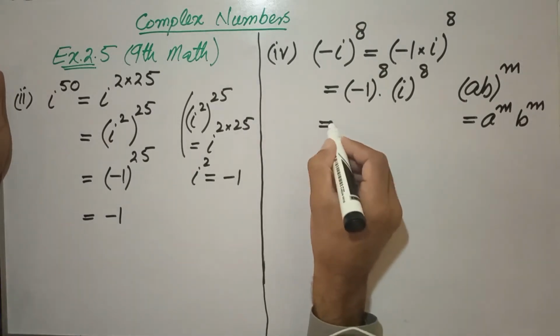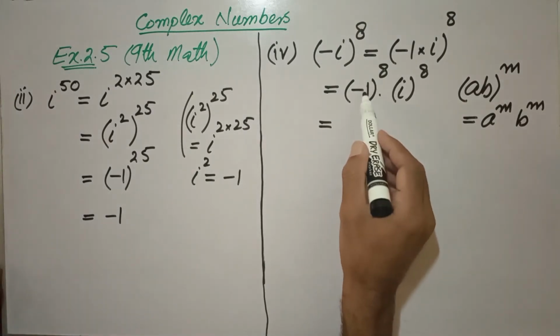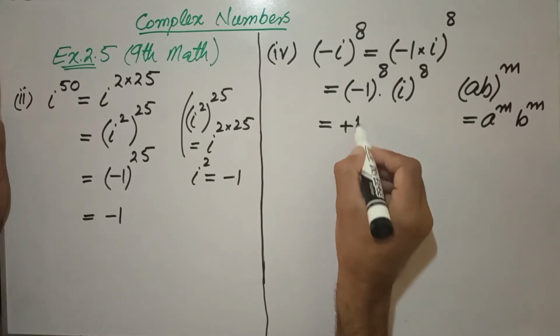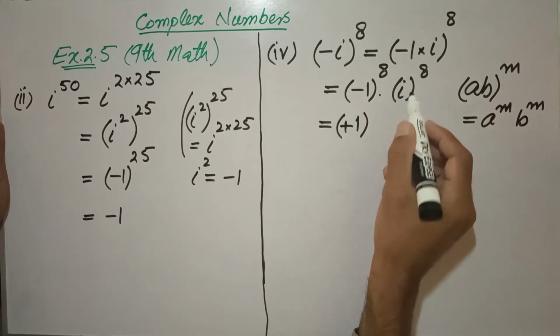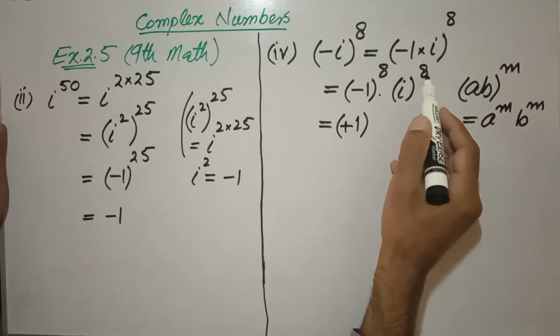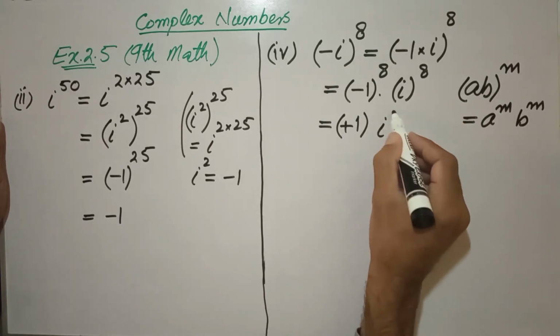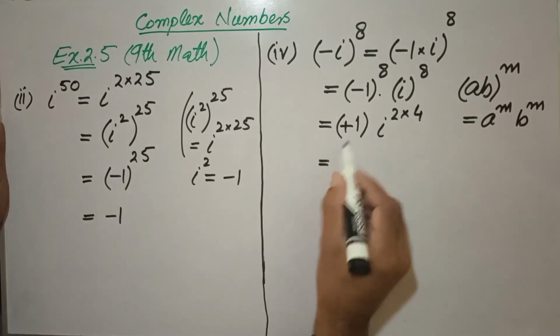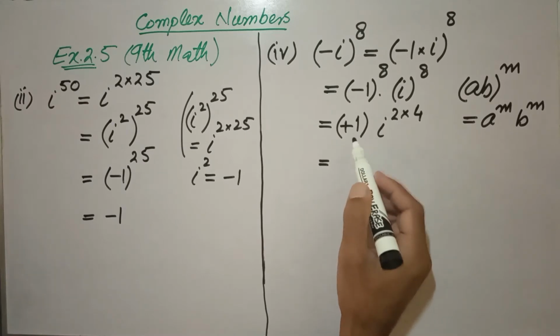From here, now the power of -1 is even. We'll have +1 from here, and iota 8, 8 is a multiple of 2. We can write 2 into 4. We don't need to write the coefficient if it is +1.